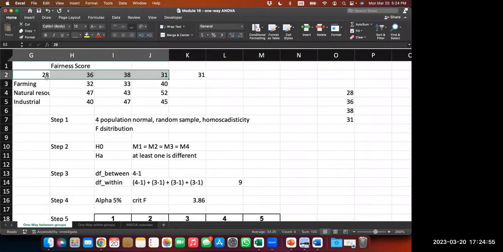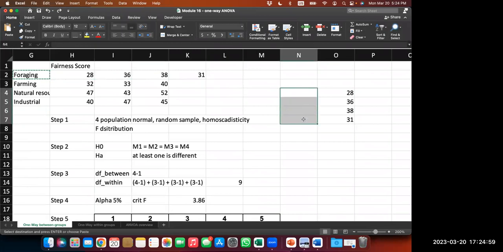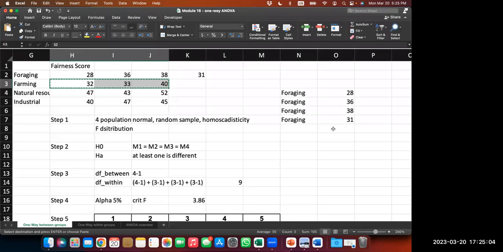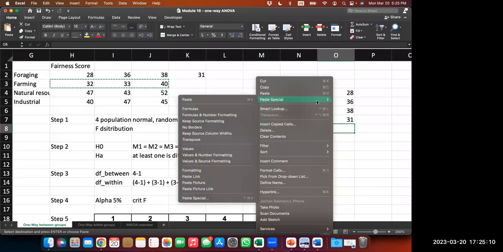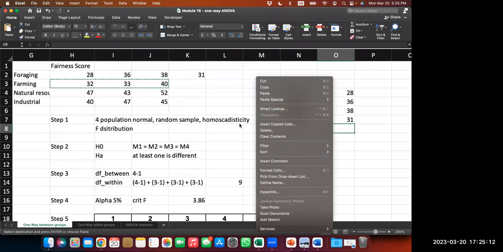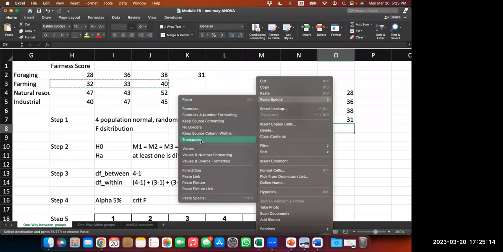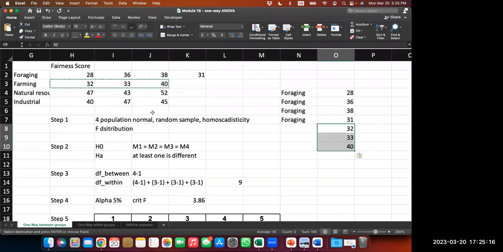So now you know that foraging is these 4 entries. Now you're doing the same with farming. You can also right click on the cell you want to put it in, and you select paste special. Same story: you go to paste special, and you transpose. You now know that these 3 entries are farming.